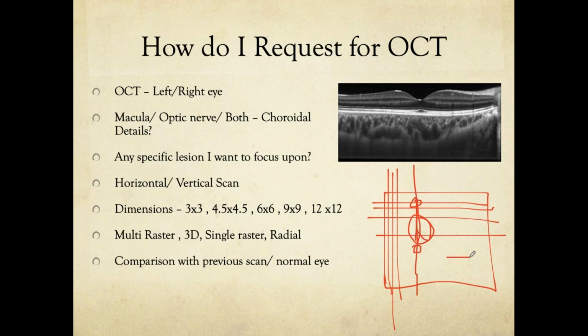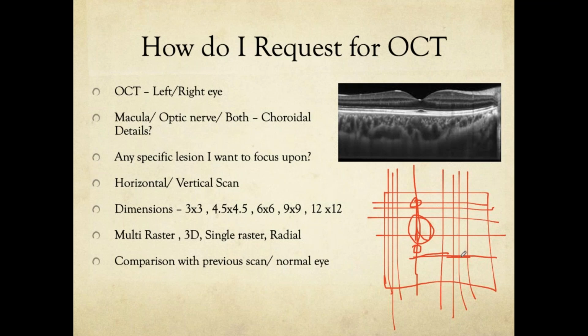Similarly, if the lesion is like this, if you're just taking a scan right over the lesion, overall it might just look the same. You won't be able to say what is different. But when you take sections like this, we have multiple sections going perpendicular and having multiple cross sections of the lesion.